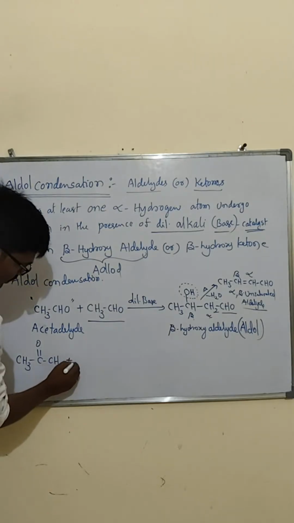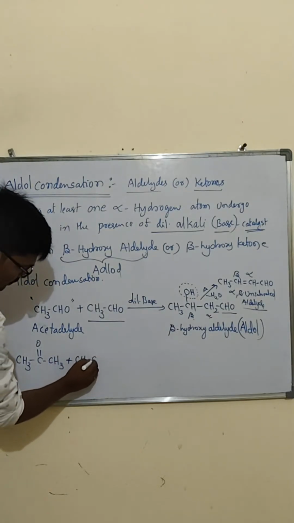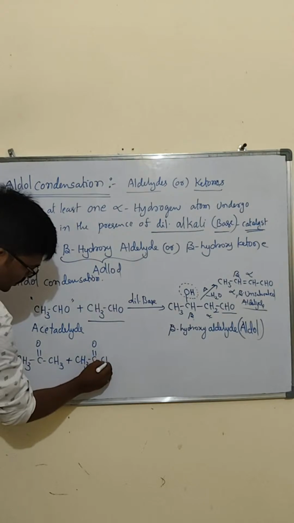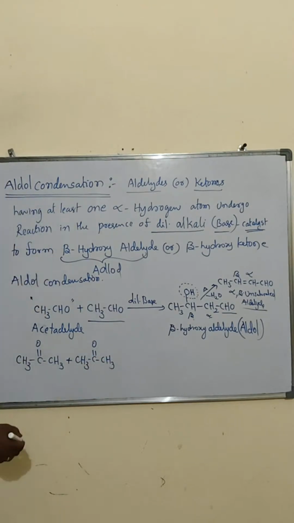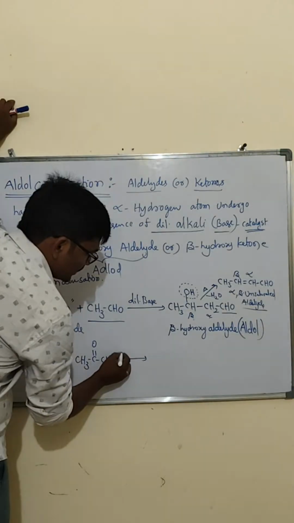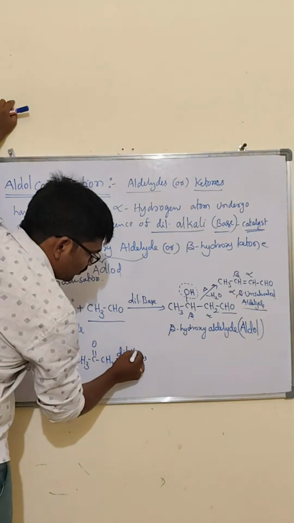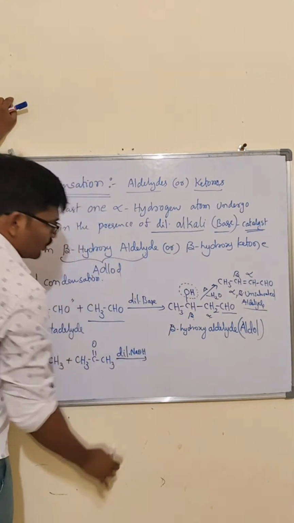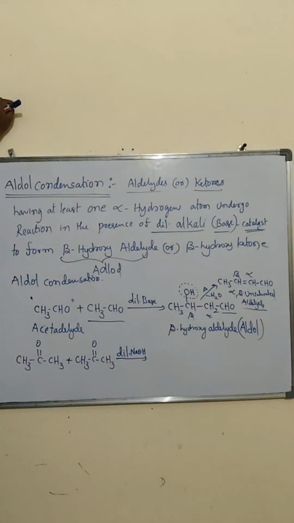One more molecule I am taking is acetone, CH3, C double bond O, CH3. Both have alpha hydrogen atoms. In the presence of a base, dilute NaOH or dilute KOH, what happens? How to write the product? Observe it carefully, my dear students.